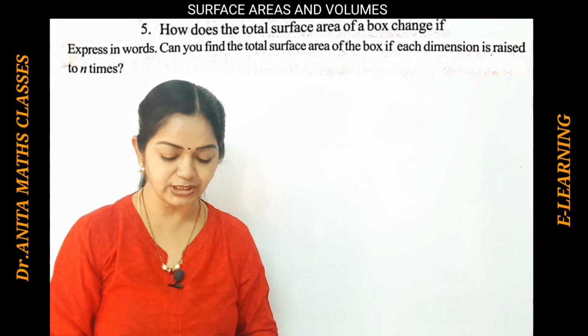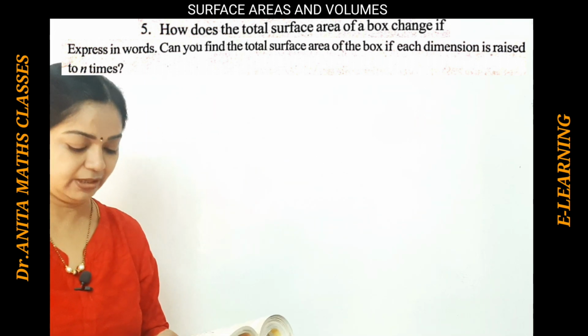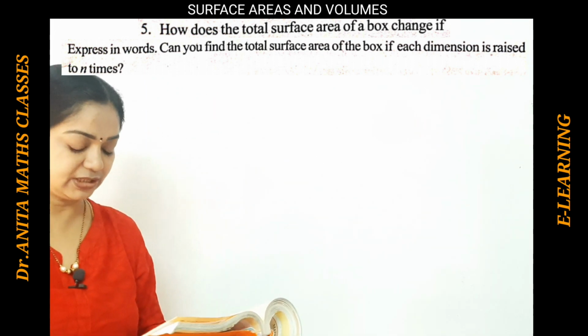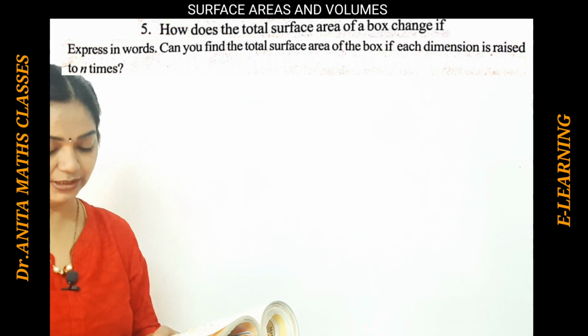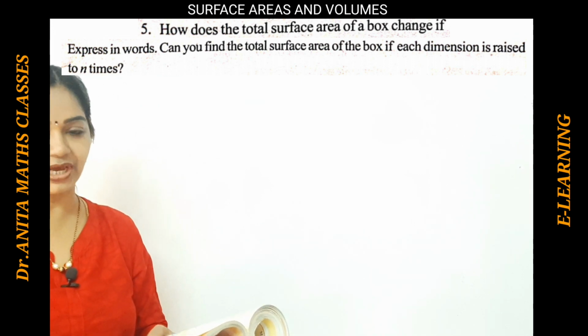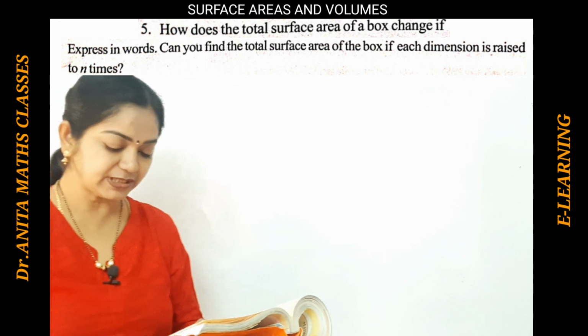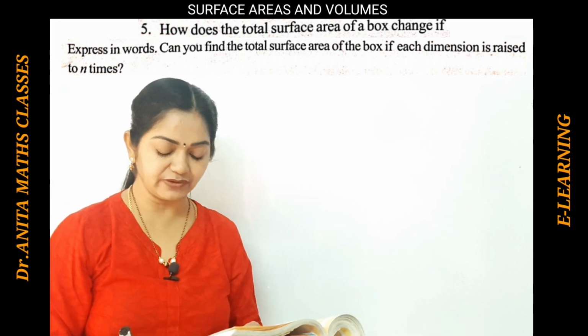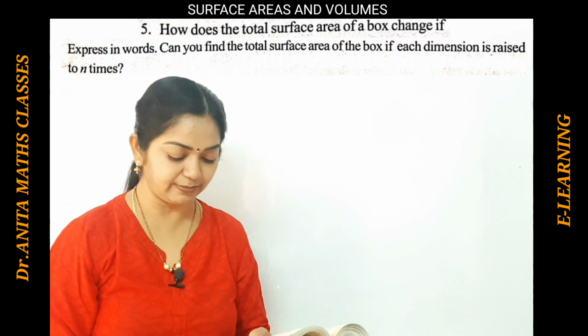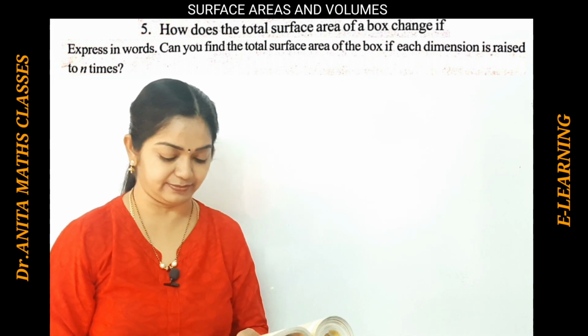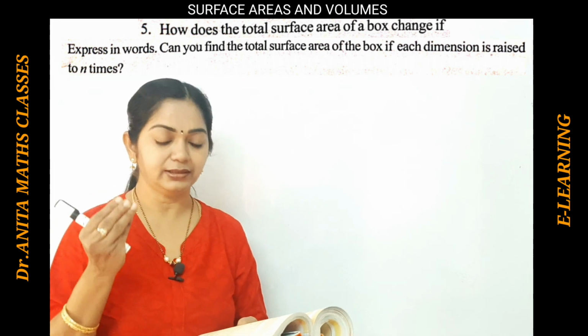How does the total surface area of a box change if in the first part each dimension is doubled and in the second part each dimension is tripled? And express in words, can you find the total surface area of the box if each dimension is raised to n times? So here three things are asked.